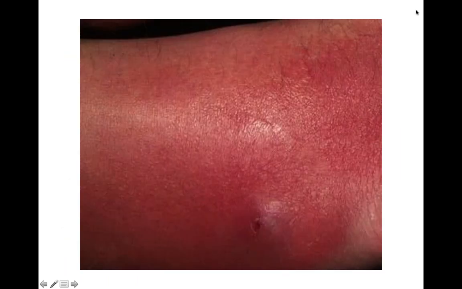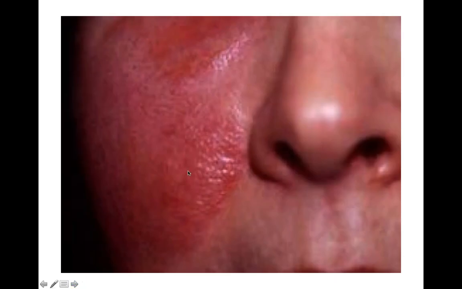Okay, this is also a picture of cellulitis, as you can see, mild cellulitis. Okay, now this is erysipelas.